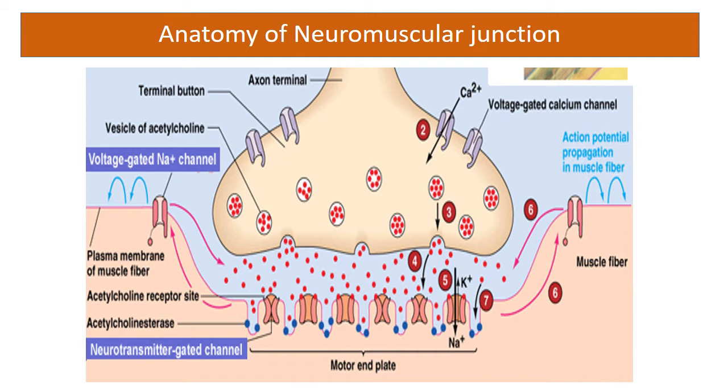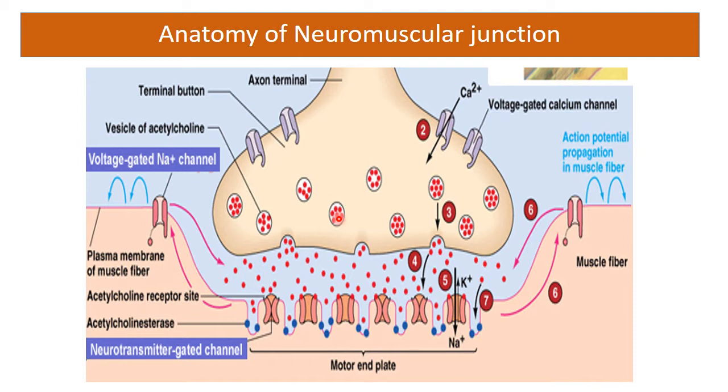Now if you take a closer look at neuromuscular junction, this is a single axon terminal. Here you can see axon terminal and the terminal button. This is terminal button, that is the expanded portion containing vesicles. These are the vesicles filled with acetylcholine.